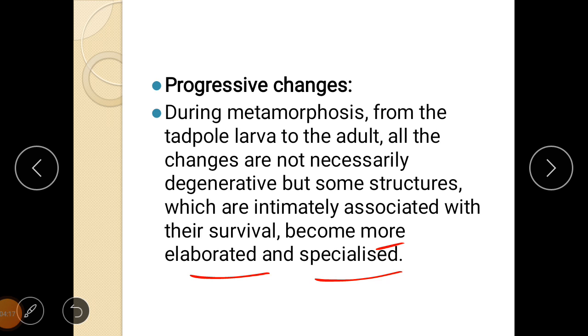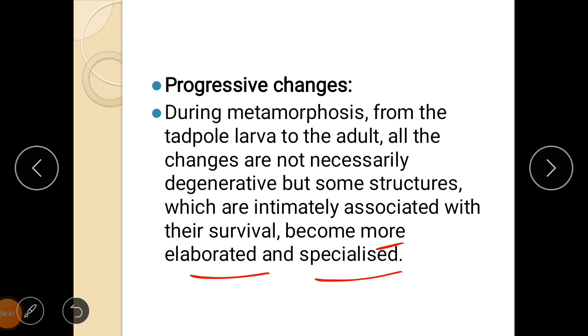This is not a metamorphosis, I am just giving an example. So this is a progressive change, right? If it is totally opposite, that means if the heart first had four chambers, then it becomes three, then two, and finally one, then we could say it is a retrogressive metamorphosis, right? So this is the difference between progressive and retrogressive metamorphosis.